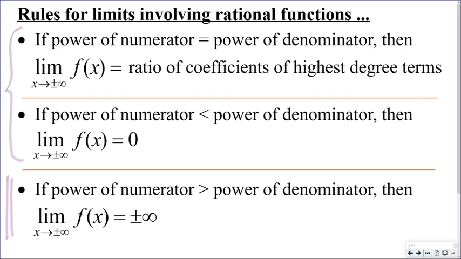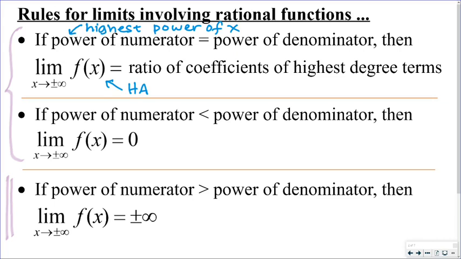In the rational function, if the power of the numerator is equal to the power of the denominator, this means the highest power of x in the numerator is equal to the highest power of x in the denominator, then we know that the limit as x approaches positive or negative infinity is equal to the ratio of coefficients of the highest degree terms, which also means this is equal to the horizontal asymptote.